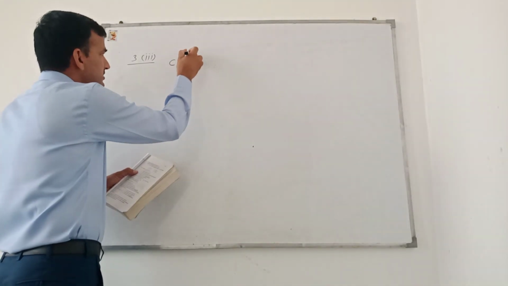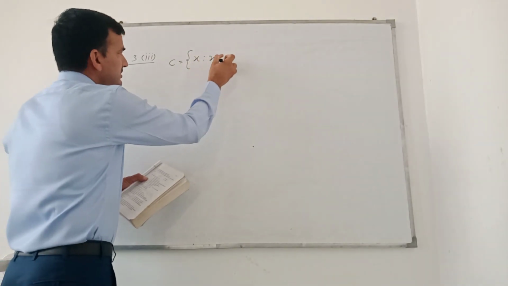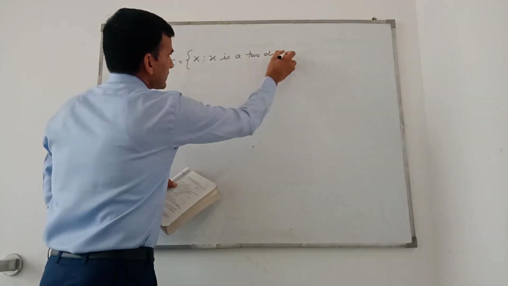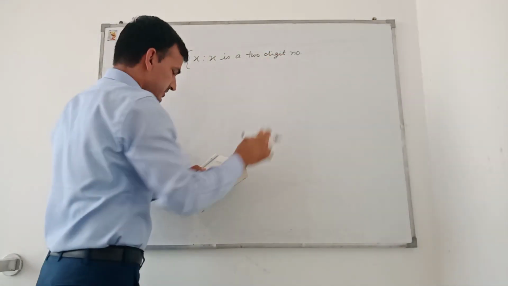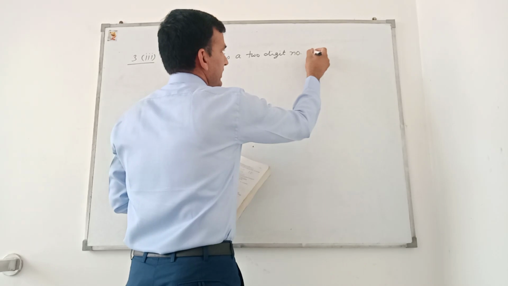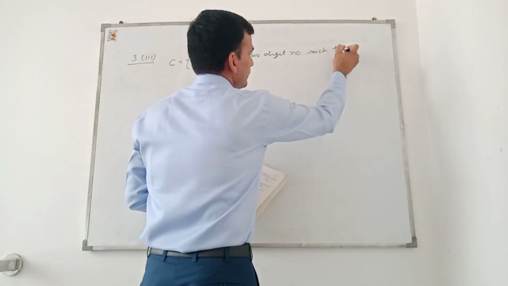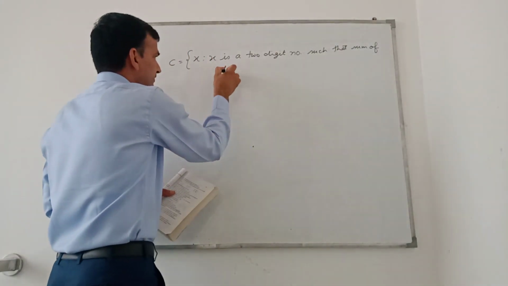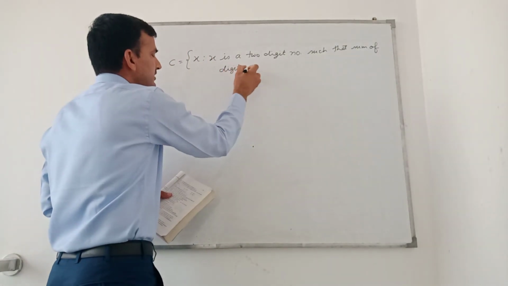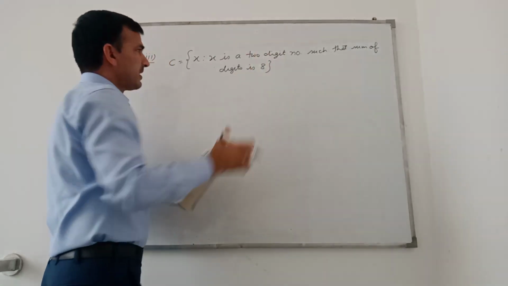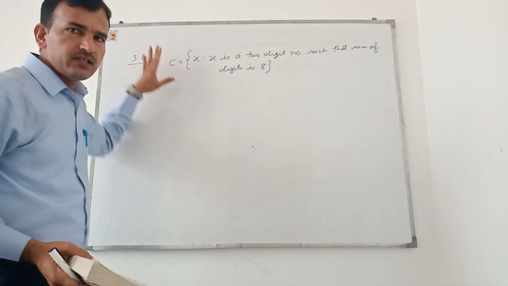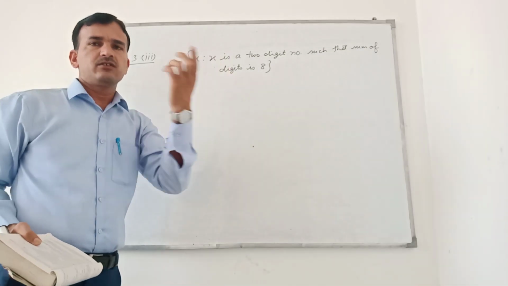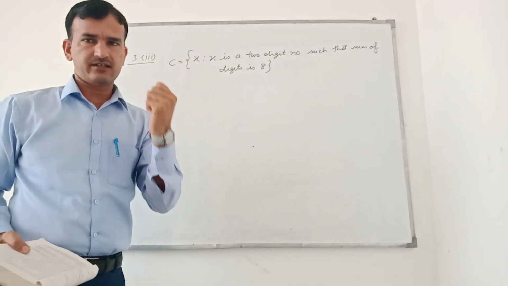Set C is equal to {x such that x is a 2-digit number such that the sum of digits is 8}. In this set, we write only those numbers whose sum of the digits is 8.